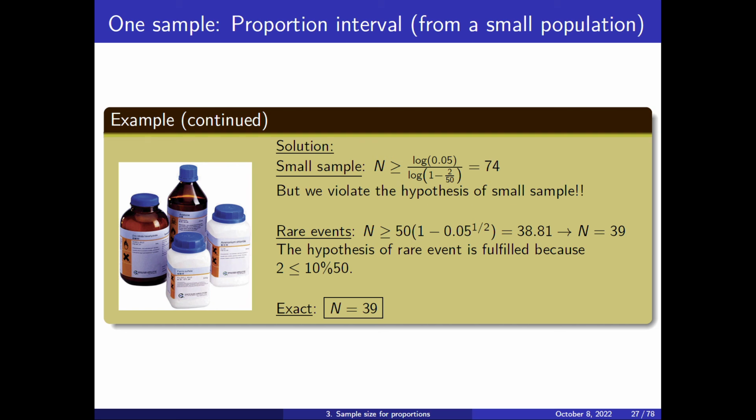The problem is that we are violating the hypothesis of a small sample, so this n is not small compared to 50. And the other approximation, the one for rare events, is giving us 39. And this hypothesis is fulfilled because 2 is smaller than 10% of 50. So we see that approximations, again, are pretty useful to make complicated calculations.